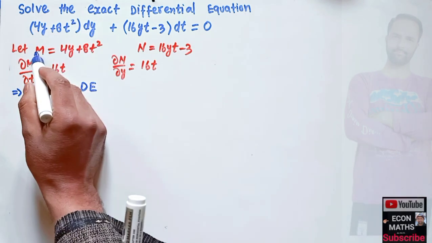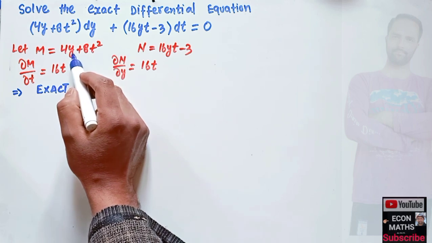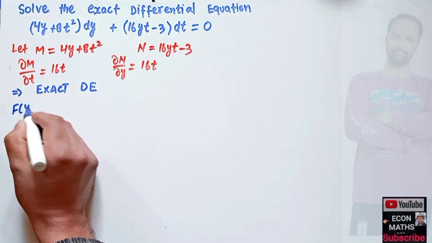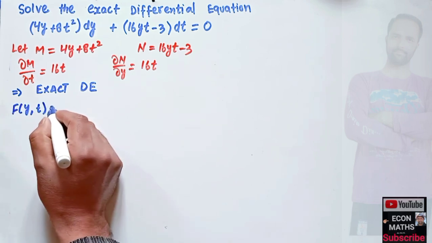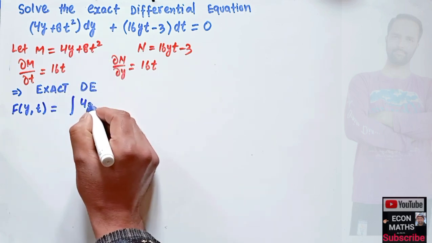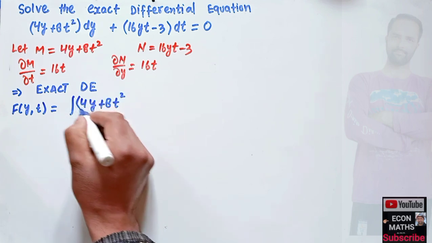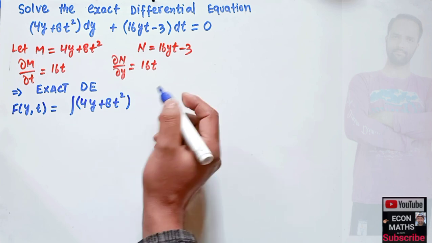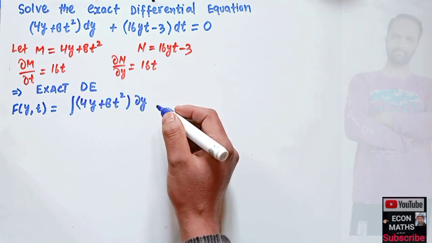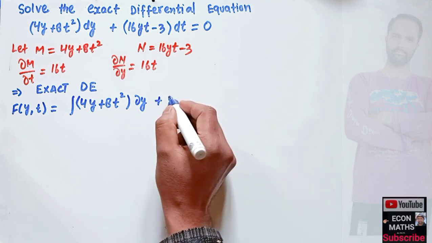So f(y,t) will be equal to the integral of M, that is (4y + 8t²) ∂y, and we also add a constant term here, that is z(t).